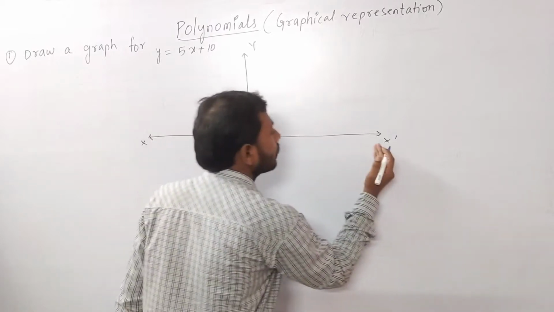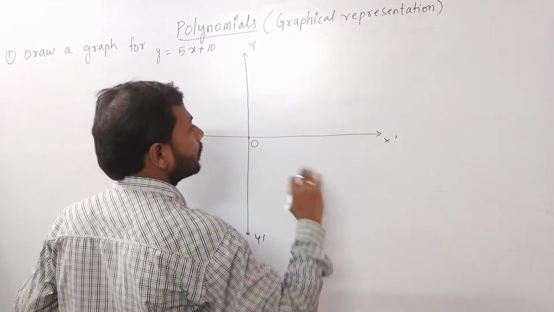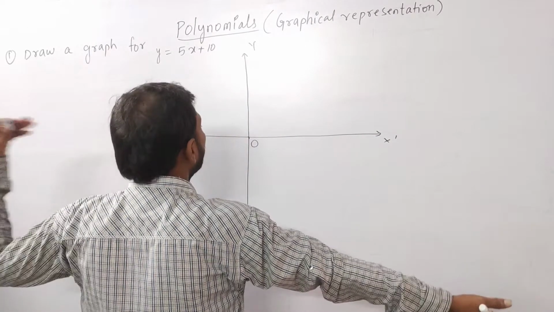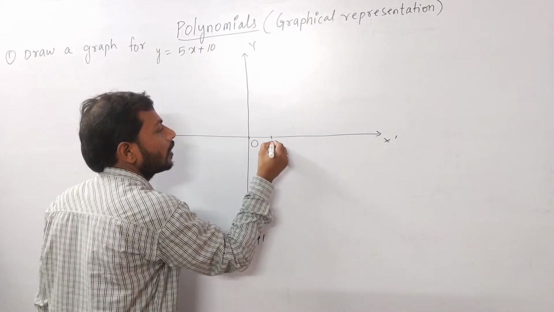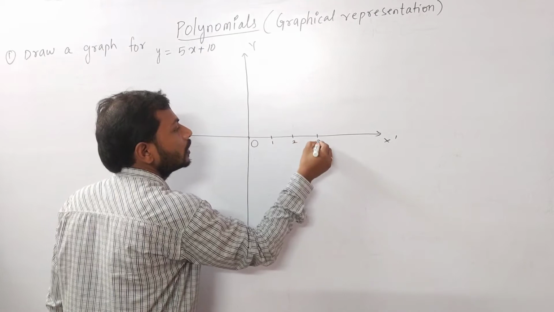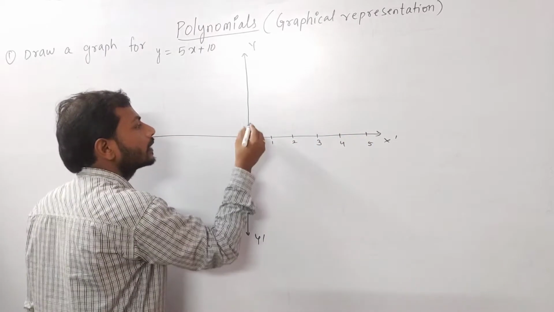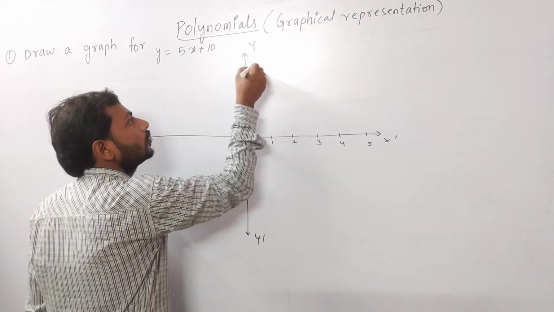If I move to the right side, you have to see the graph paper: the right side is always plus and the left side is always minus. You take 1, 2, 3, 4, 5 and the next 1, 2, 3, 4, 5 like that.